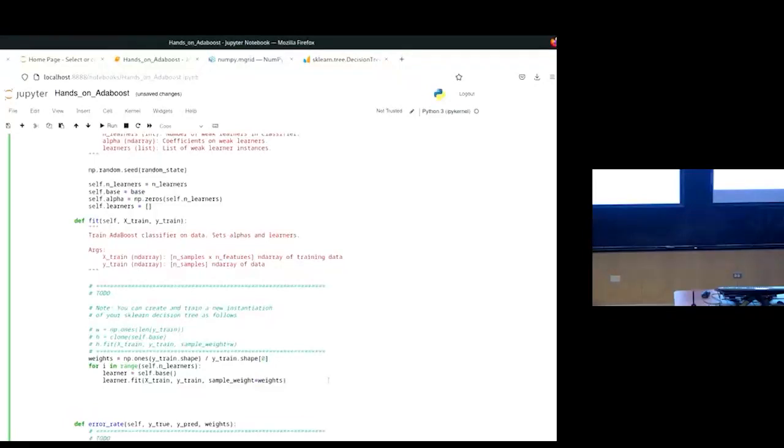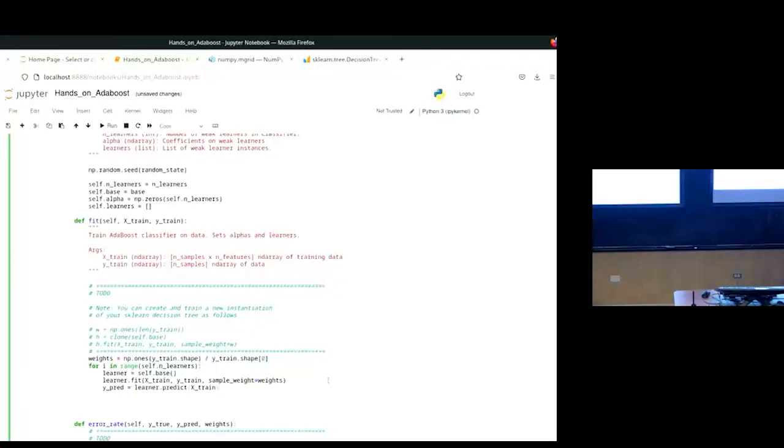Now I can predict to see which samples I have misclassified. So I can do pred equal learner.predict on my X_train.